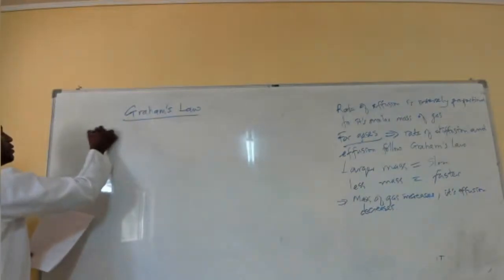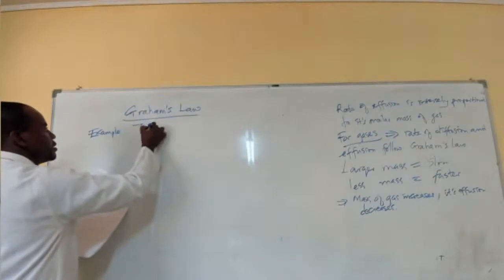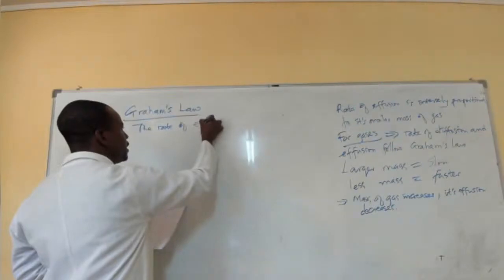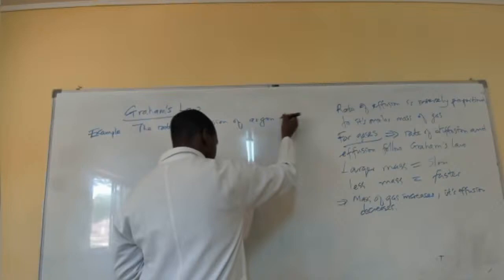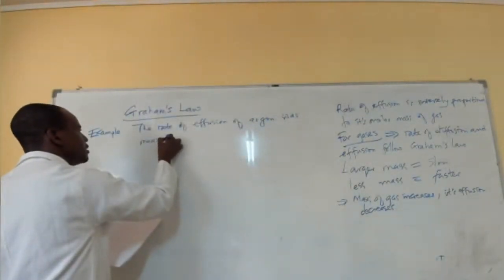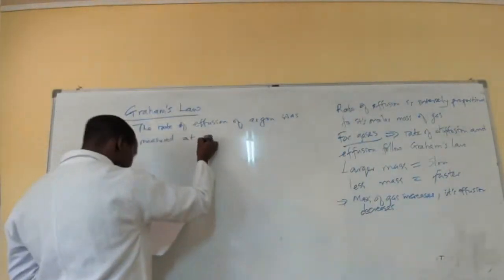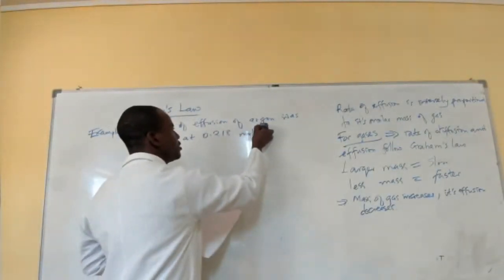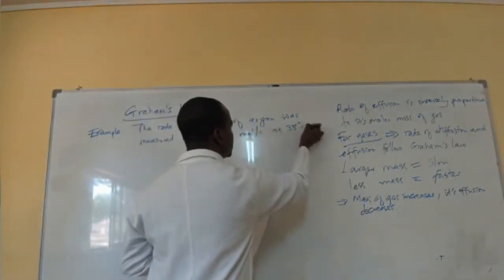So an example. The rate of effusion of argon was measured at 0.218 moles per second at 37 degrees Celsius.